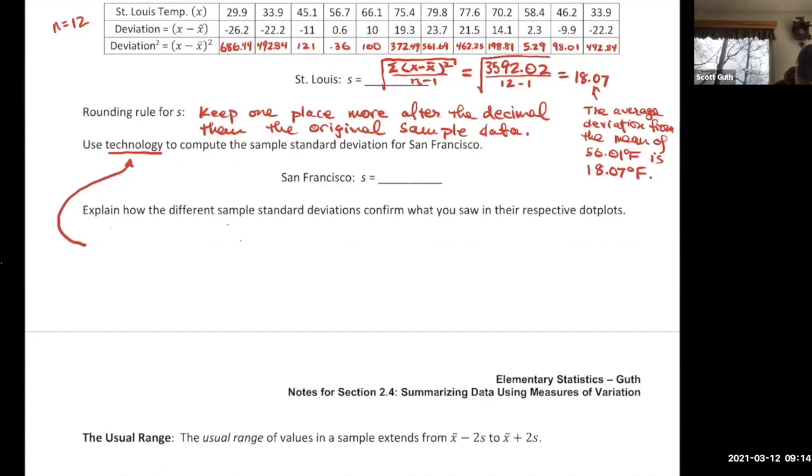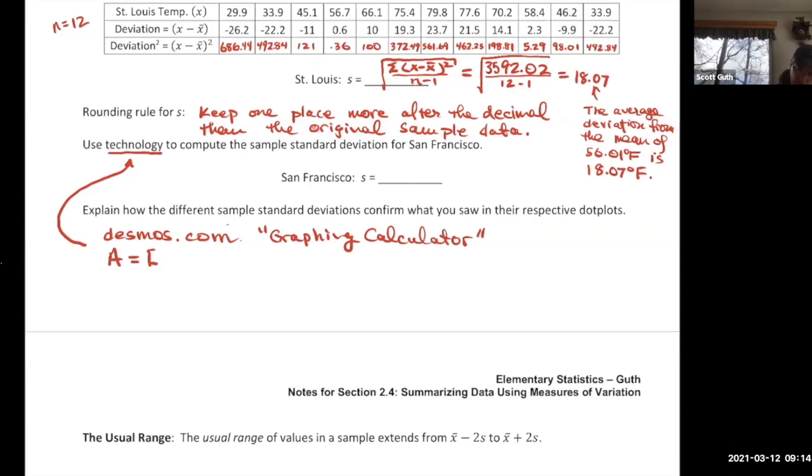So you go to desmos.com, and then you have to go into the graphing calculator. And then what you do is A has to be the data values in square brackets.